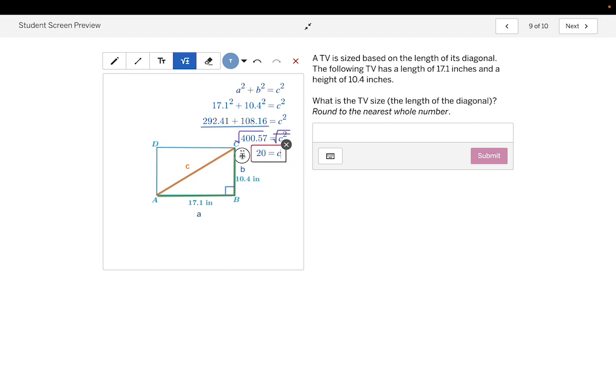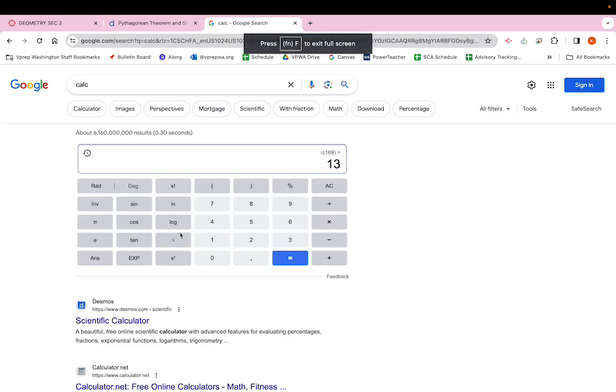I'm going to switch over to the calculator part really quick just to do a quick review of rounding. We were taking the square root of 400.57, and it ended up being 20.014 and so on. It says round to the nearest whole number, so that's everything before the decimal place.